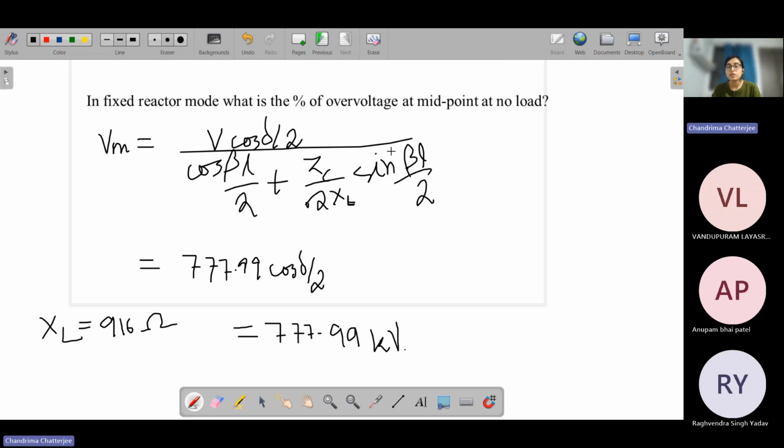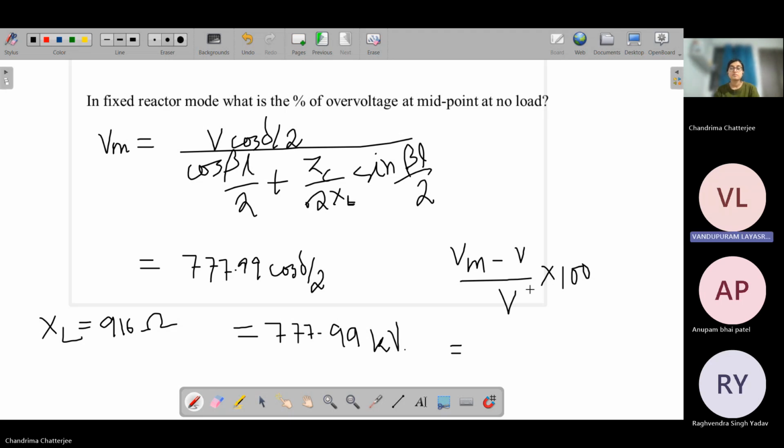Now, what is the percentage of over voltage? Quickly find out the percentage of over voltage then. 5.84, ma'am.